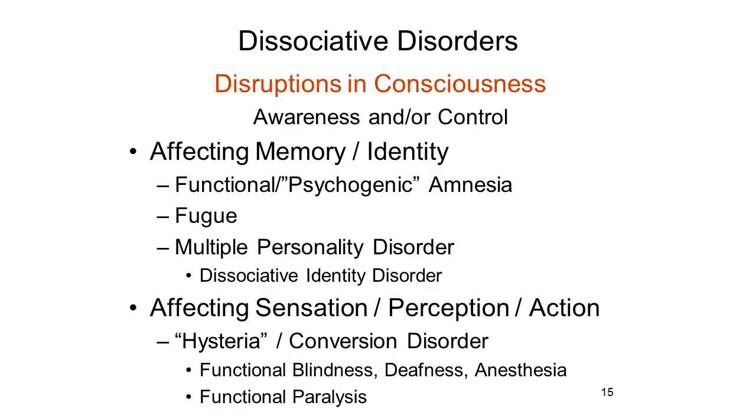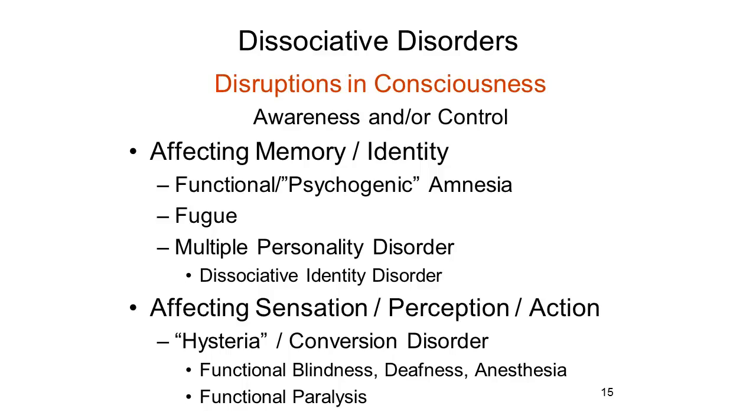In dissociative amnesia, which is also sometimes known as functional amnesia or psychogenic amnesia, the patient experiences a loss of memory for a certain period of time, a loss of autobiographical memory. But this amnesia occurs in the absence of any demonstrable brain insult, injury, or disease. It's a functional amnesia in that sense.